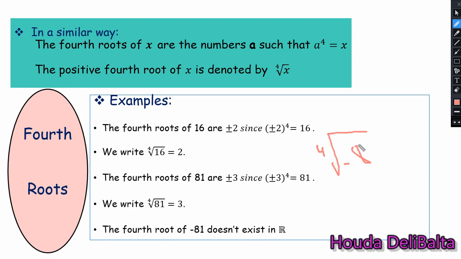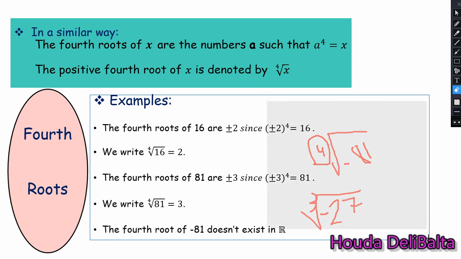This is undefined in R, while cube root of minus 27, as you saw in the previous video, or minus 8 or whatever, is defined. So when the index outside is odd, then I can put a negative number under the radical, while when the index is even, as 4, as 2, as 6, as whatever, I cannot put a negative number under the radical.